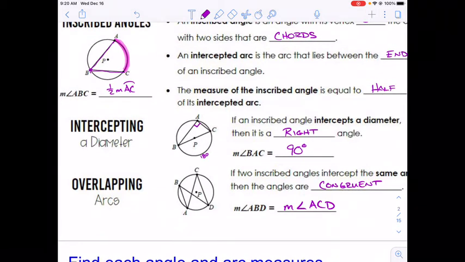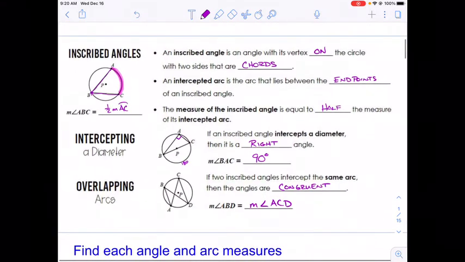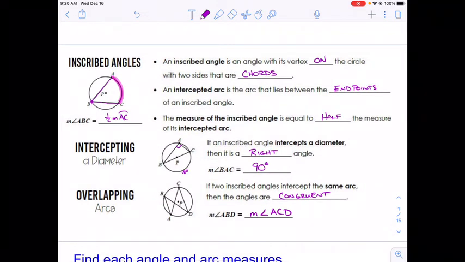Overlapping arcs. This is when you have two inscribed angles that overlap, and the arcs kind of combine. If we have two inscribed angles that intercept the same arc, then those are congruent because they're both half of the same arc. So we have our inscribed angle here, and we have our inscribed angle here.